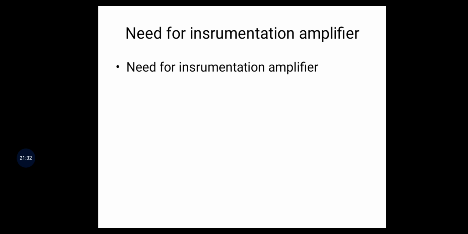The transducers used may be mounted on pieces of equipment or structures which are remote from the control location. Due to this, the signal, which itself is low level, is subject to noise and atmospheric interference. Such a signal may be as low as a few millivolts to a few microvolts.